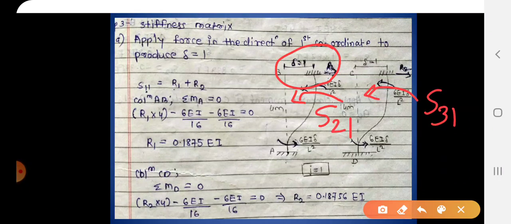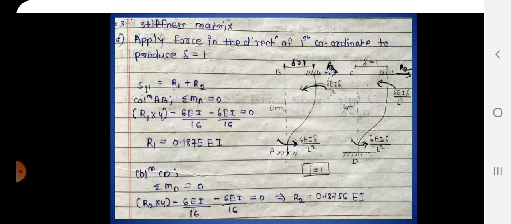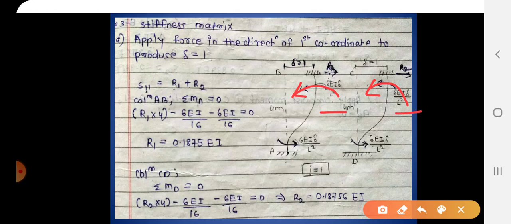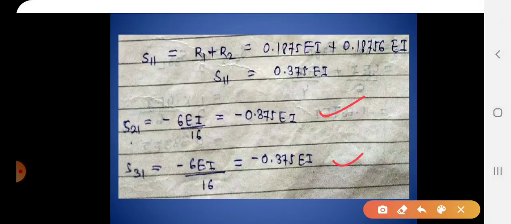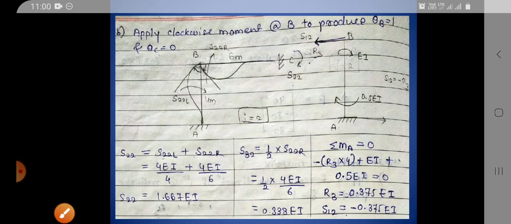Because B is the point of the second redundant, therefore I is equal to 2, and C is the point of the third redundant, therefore I is equal to 3. So what will be the value of S21 and S31? The moment minus 6EI delta by L square and minus 6EI delta by L square. Accordingly, you will get these two values. So we have got 3 elements of the stiffness matrix.